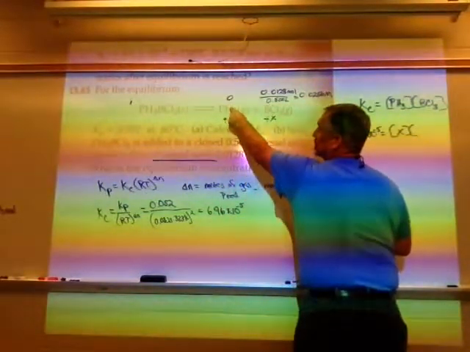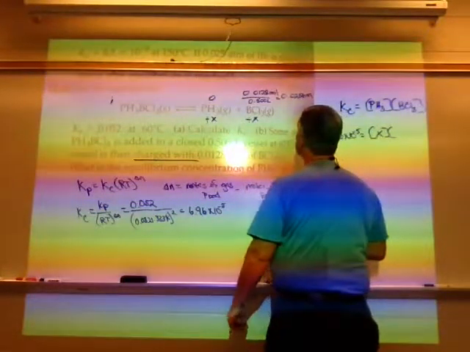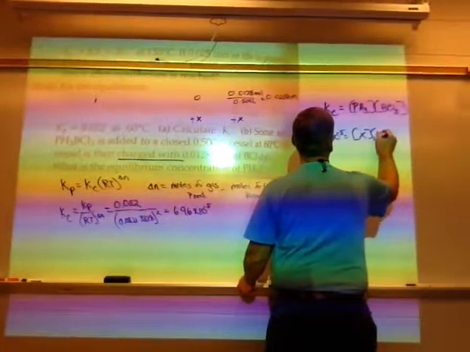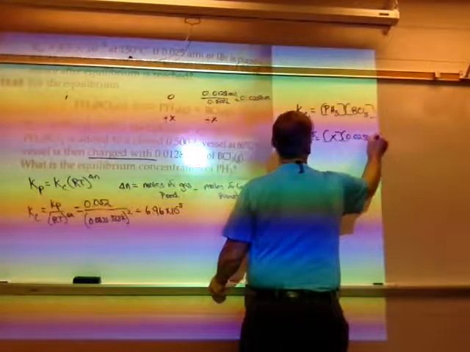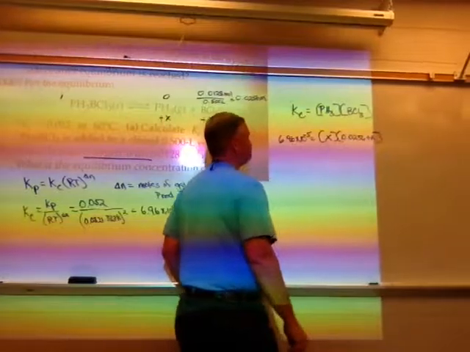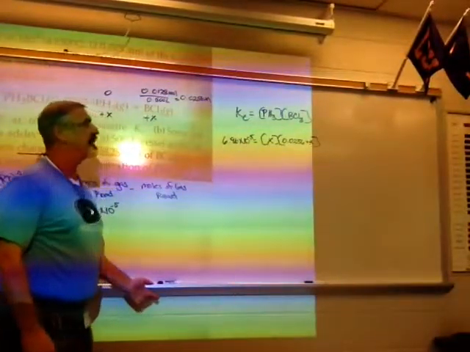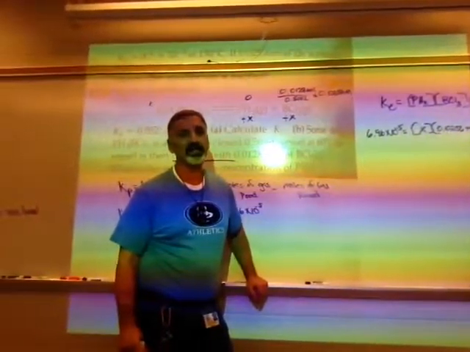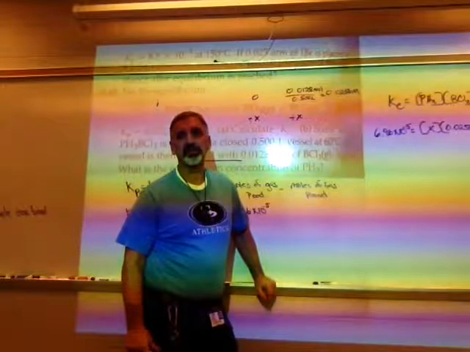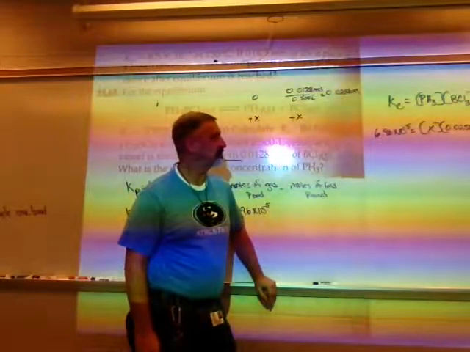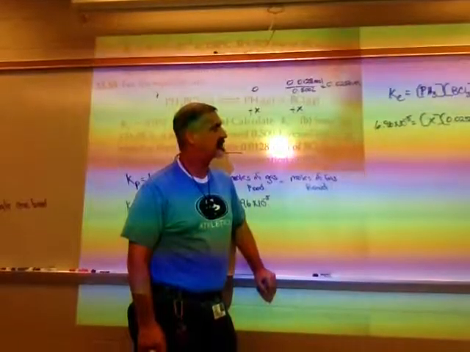It has to come this way because that's 0. x times 0.0256 plus x. Now, once again, if you don't have the fancy calculator, you have to use the quadratic equation here, because you're going to get 0.0256x plus x squared.